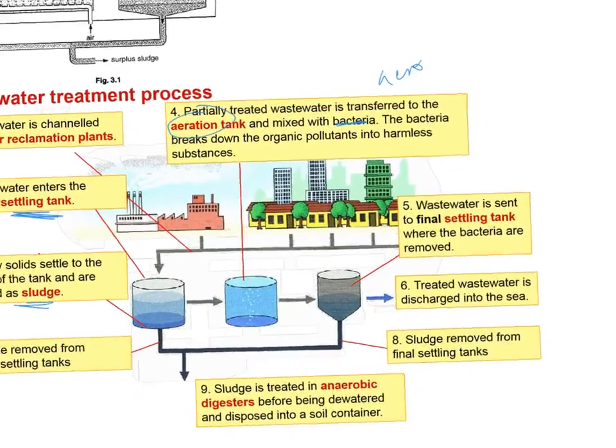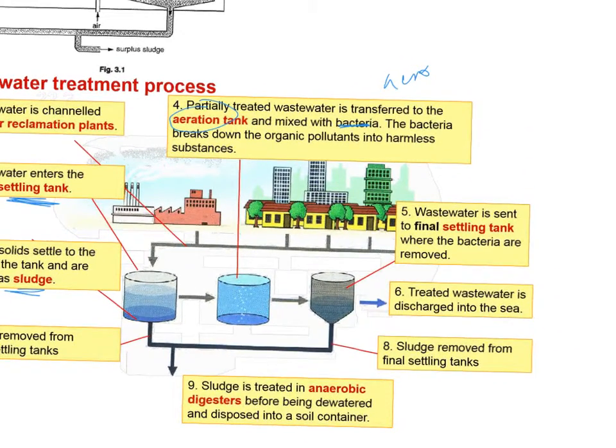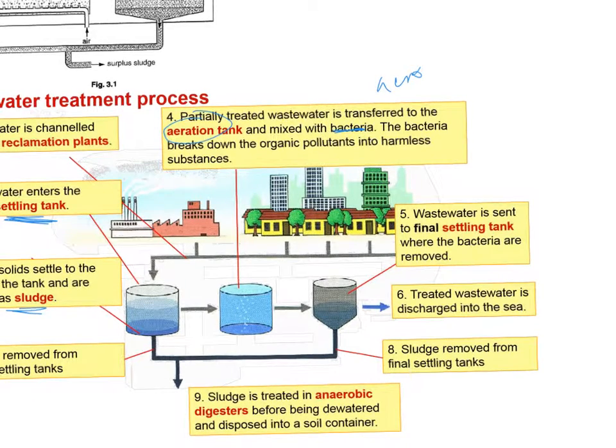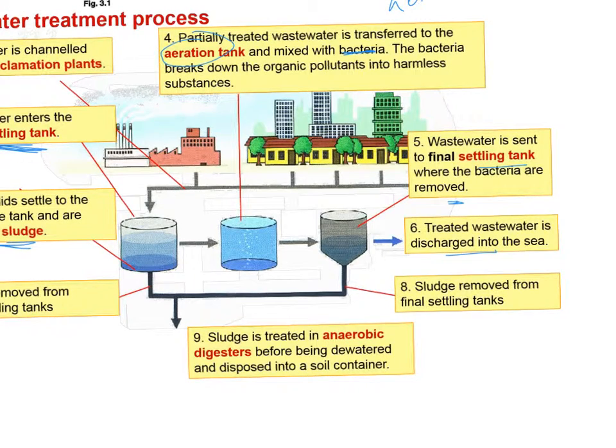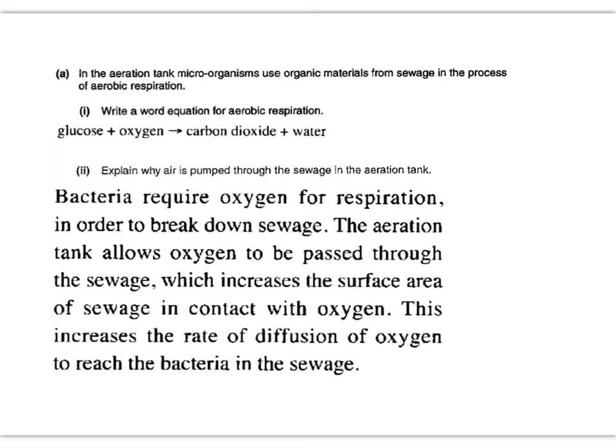All this wastewater can be channeled to a settling tank where the bacteria is removed. Whatever you treat can be discharged back into the sea. For sludge, you actually need anaerobic digesters. So this question can be linked to the next about aerobic respiration.